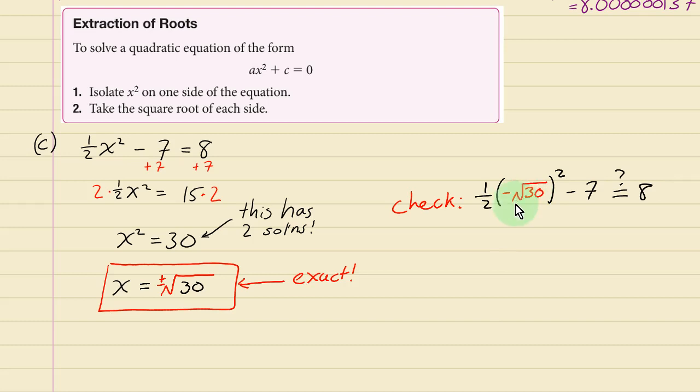When you square any negative number, it becomes positive, and the square root squared, those cancel out, so we should get 1/2 times just 30 minus 7. 1/2 of 30 is also known as just 15, and we got 15 minus 7 equals 8, and that works. And so that means 15 minus 7 is exactly equal to 8, just like the square root of 30 squared is exactly 30, and this is the only way to write this as an exact solution.